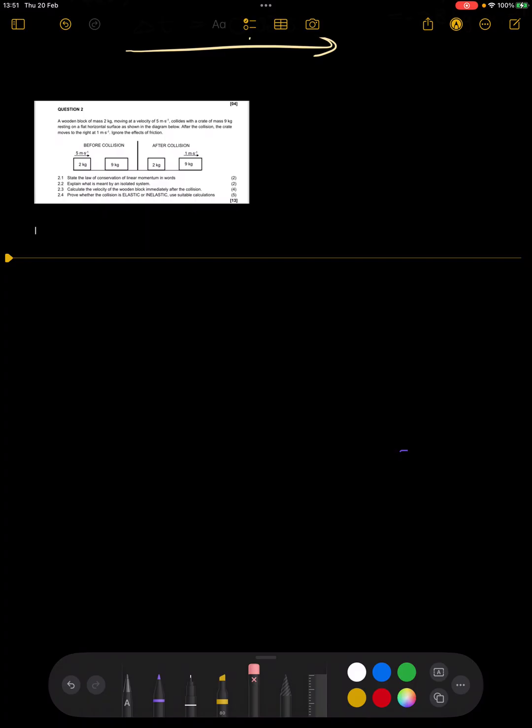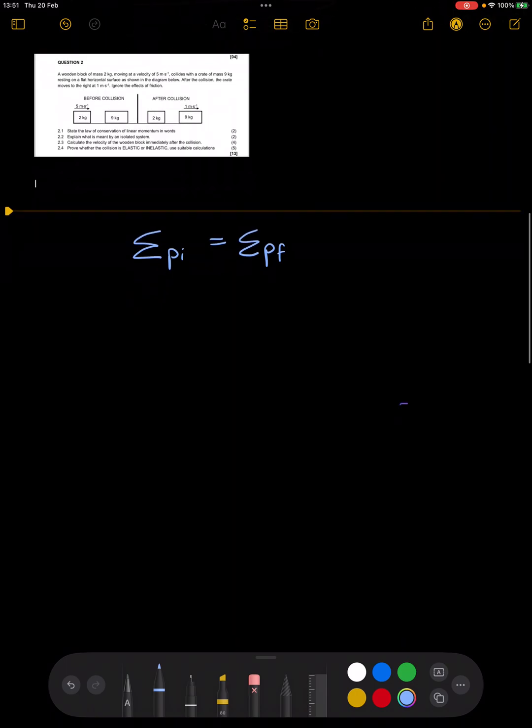So in the next question, 2.3, they're asking us to calculate the velocity of the wooden block immediately after the collision. So I'm always going to write my sigma sign. The sum of my initial momentum must be equal to the sum of my final momentum.